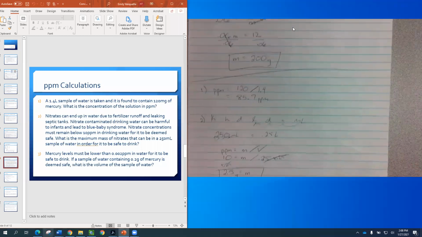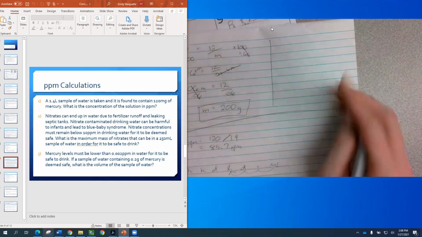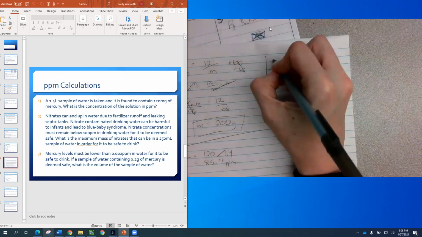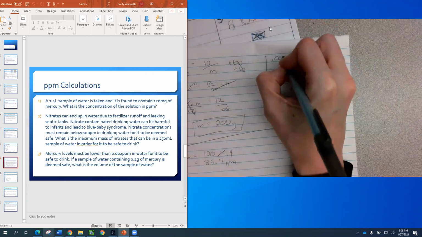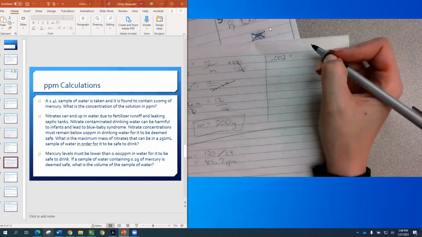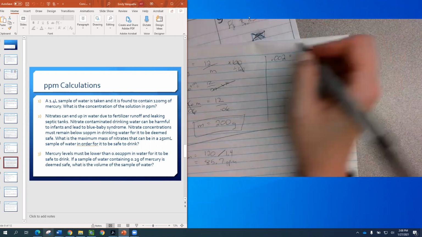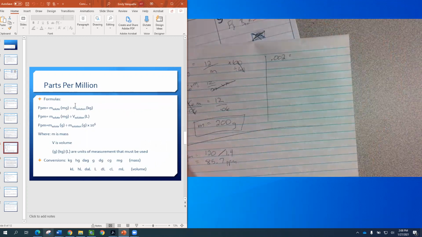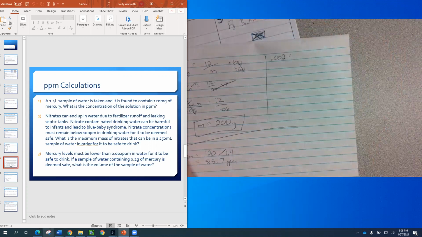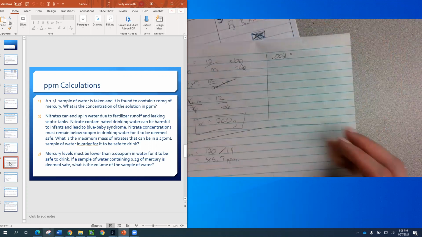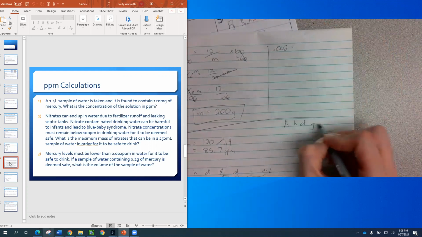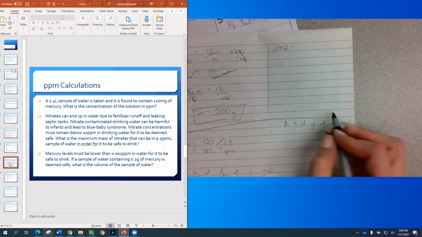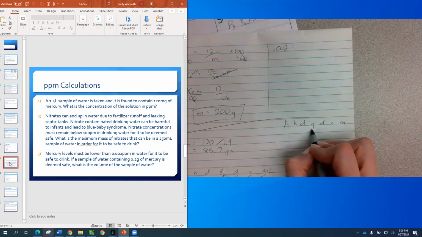Okay, for this last question here, once again, we are given the parts per million, so 0.002 parts per million. This time we're also given our mass of mercury, which needs to be in milligrams, and it was given to us in grams. So if we have King Henry drank Gatorade during Christmas Mass, right now we are given grams.